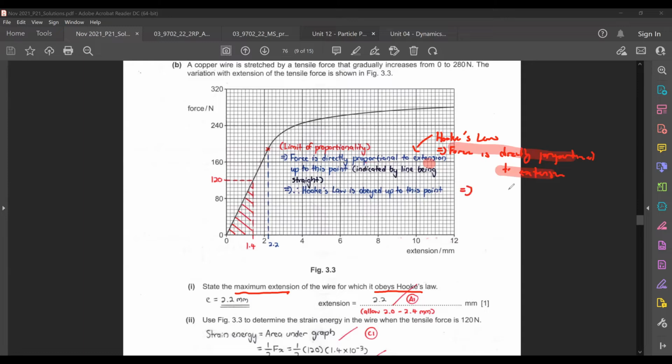So in an F-x graph, it is represented by a straight line that passes through the origin.